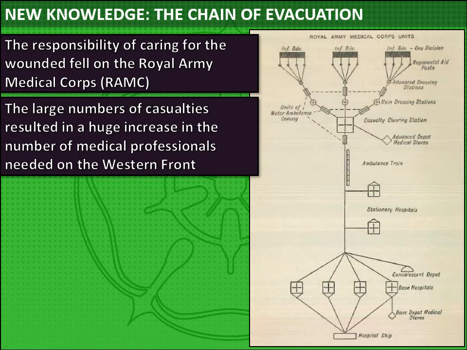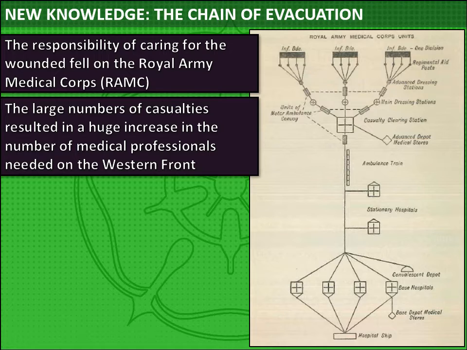Now, here's some new knowledge. The chain of evacuation. The responsibility of caring for the wounded fell on the Royal Army Medical Corps, the RAMC. Now, the large number of casualties resulted in a huge increase in the number of medical professionals needed on the Western Front.